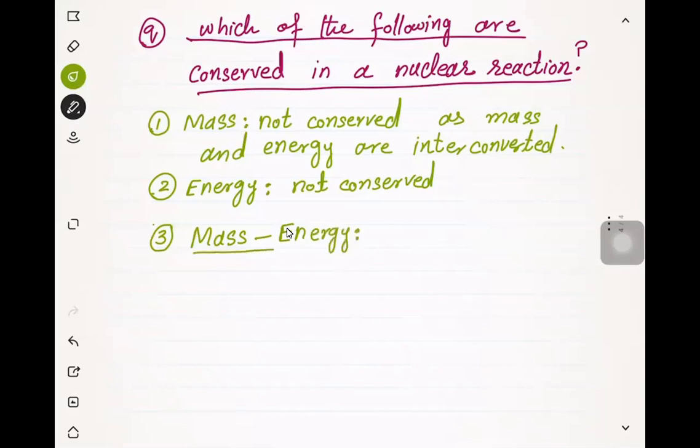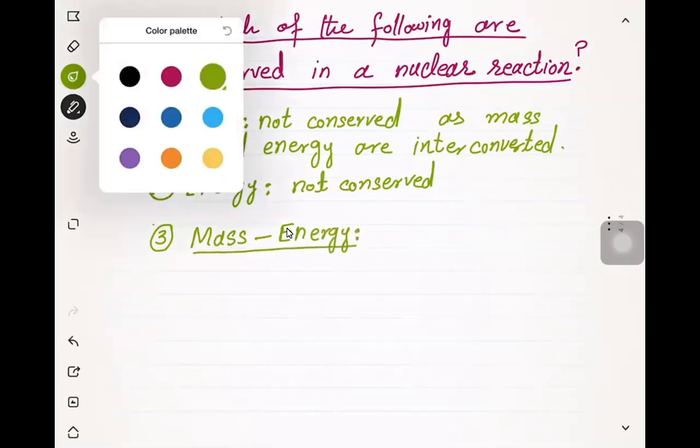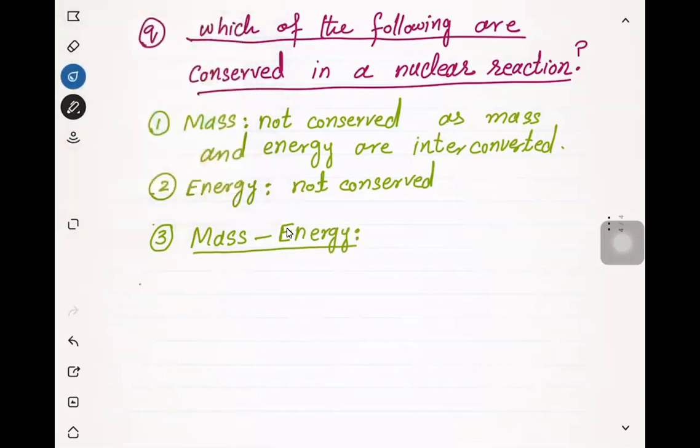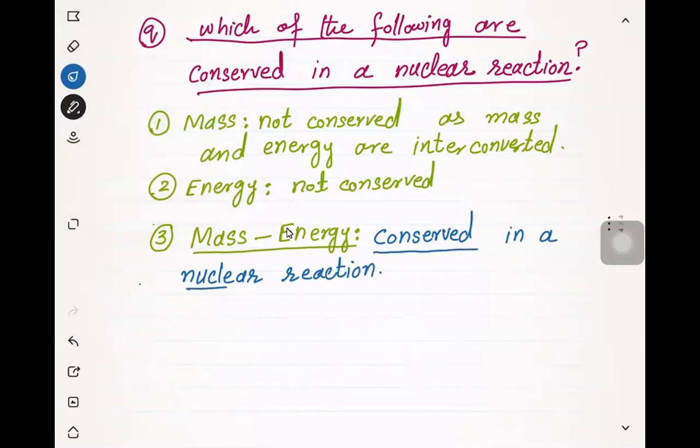Mass energy is a new quantity that is conserved in a nuclear reaction. Mass energy is conserved in a nuclear reaction.